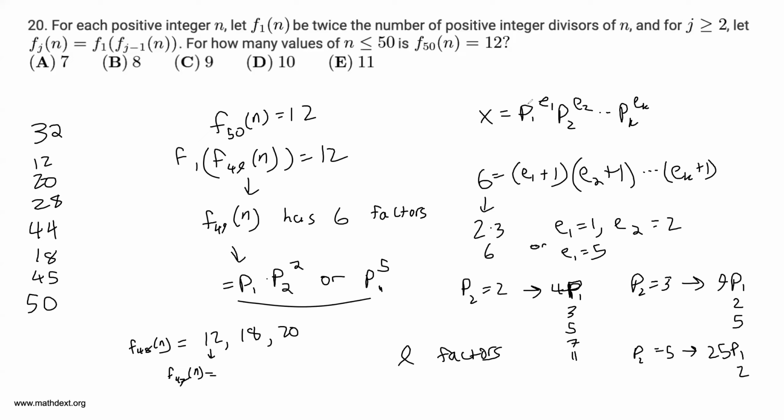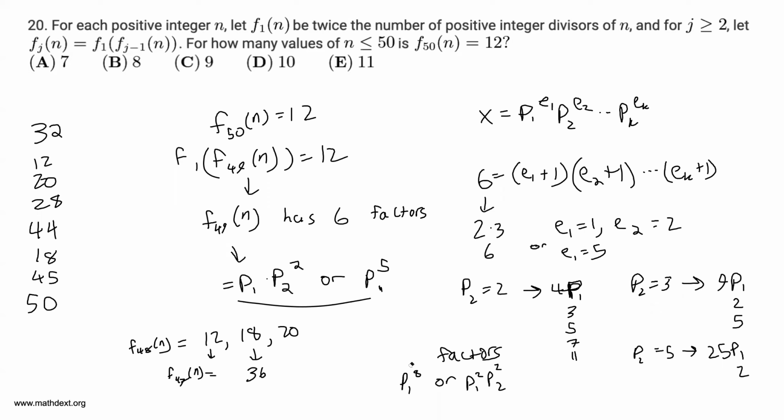A 9-factor number must either, because remember, take a look at this formula, either be an 8th power of a prime or P1 squared times P2 squared, for 2 distinct primes, P1 and P2. Those are the possible values that satisfy 9 factors. And you see that the only number less than or equal to 50 that satisfies any one of these forms is 36, which is 2 squared times 3 squared.